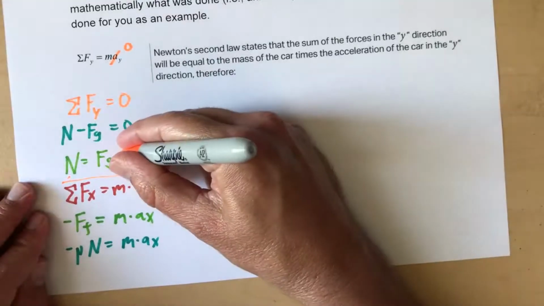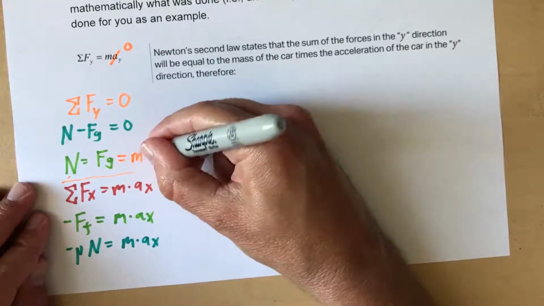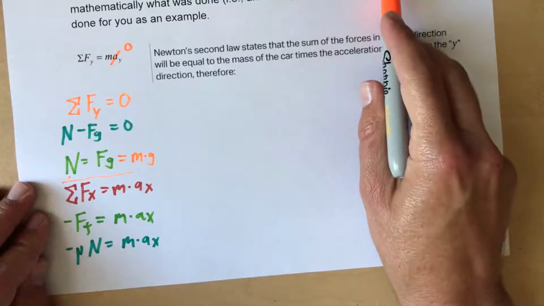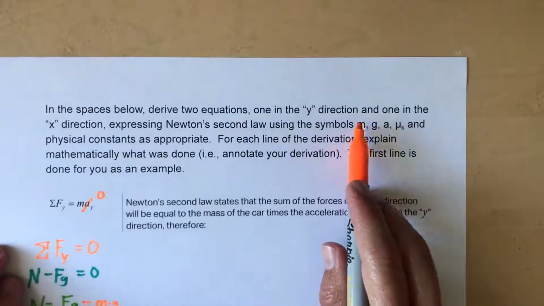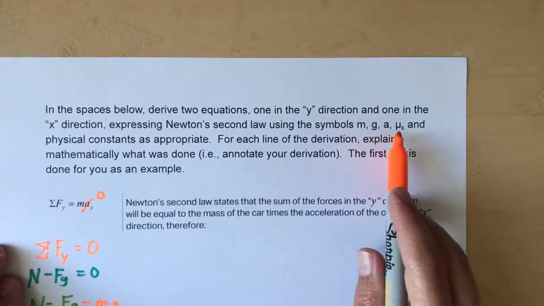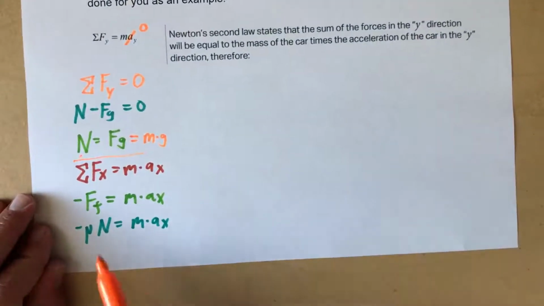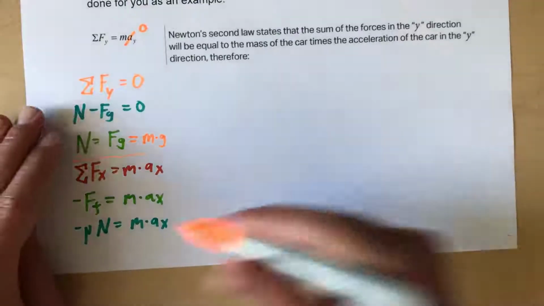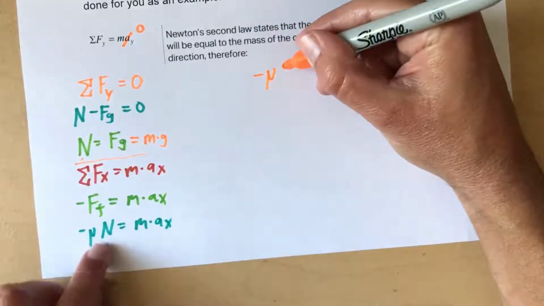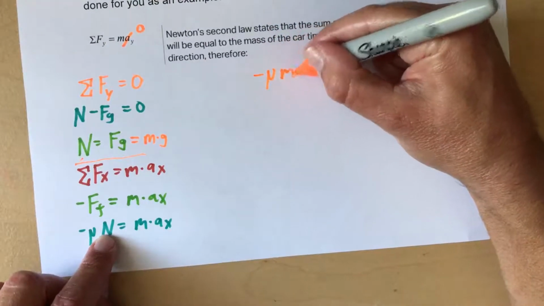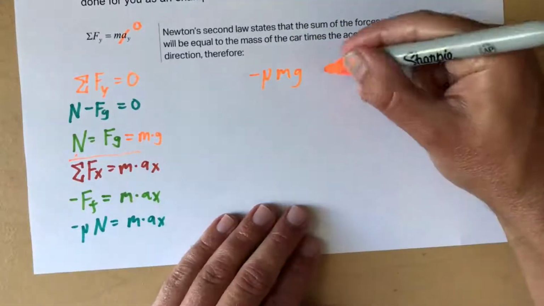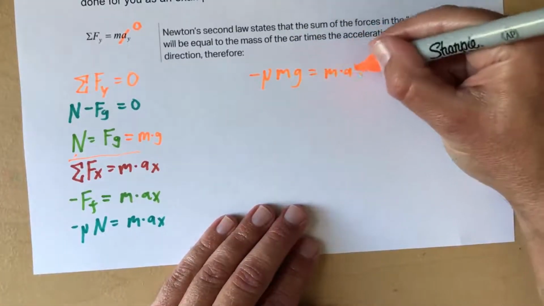And actually, you know what I could say too, the force of gravity is m times g, because up here they want it in terms of mass, gravity, acceleration, or mu. Those are what can be in your answers there. So anyway, I'm going to substitute in for the normal force mass times gravity, and that is going to equal mass times acceleration.